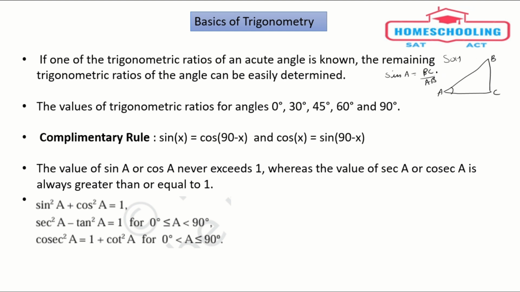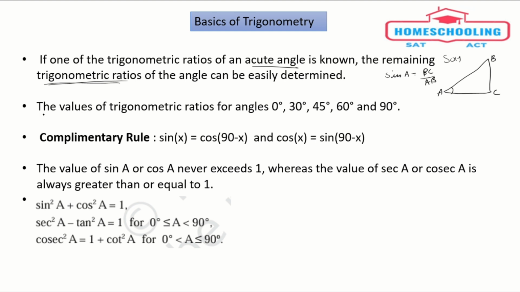So if we know any trigonometric ratio of an acute angle, like if we know the value of any two sides like BC and AB, then we can find the other trigonometric ratios. So we should know at least two sides of a right triangle. Like if we know AC and BC, then we can find AB by using Pythagoras theorem, and through that we can find all the trigonometric ratios of the angle.